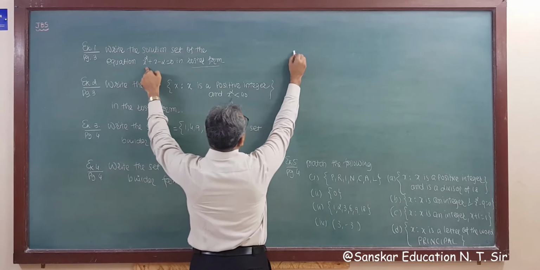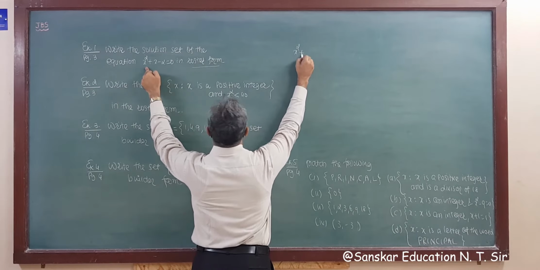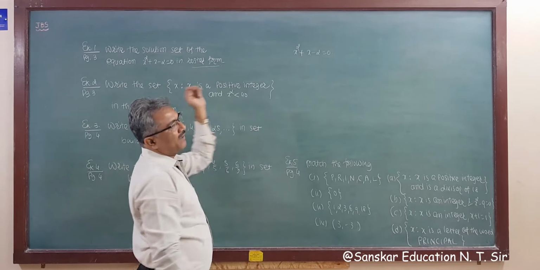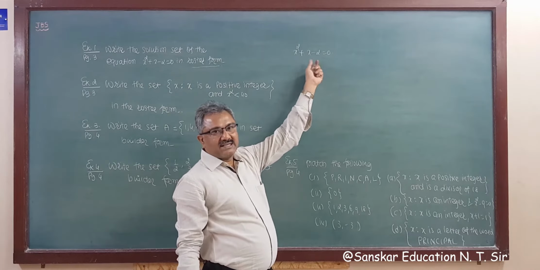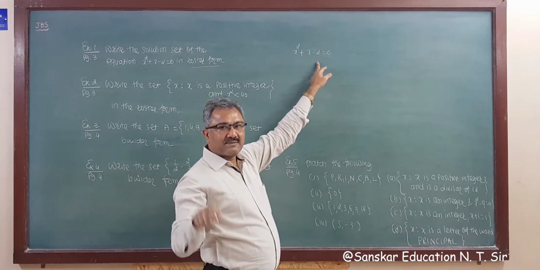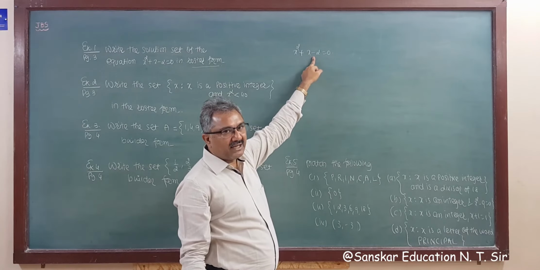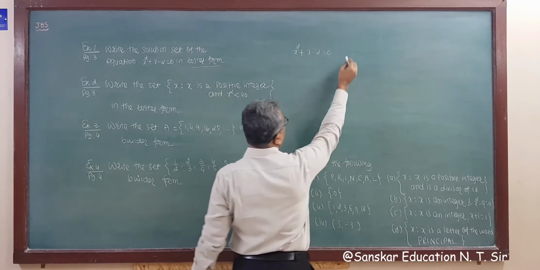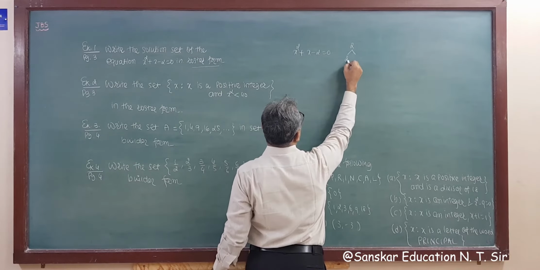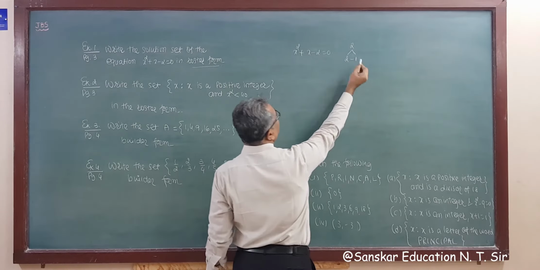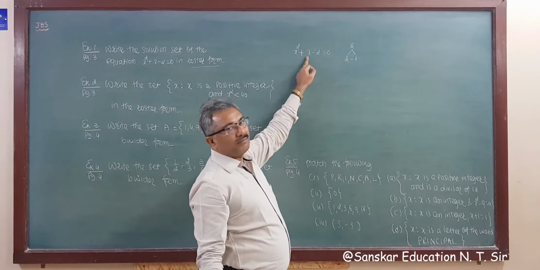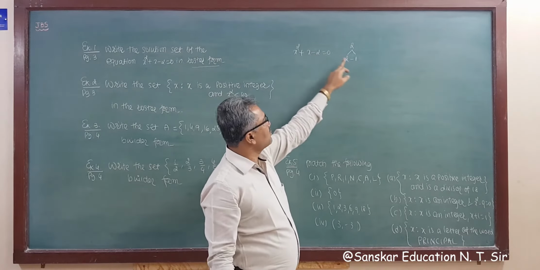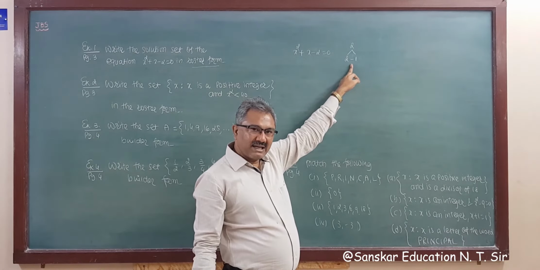So x square plus x minus 2 is equal to 0. We have to factorize this. The factors of 2 are 2 and 1. We have to subtract because of the minus sign, so we give the bigger number the sign of the middle term, and the second number the minus sign.